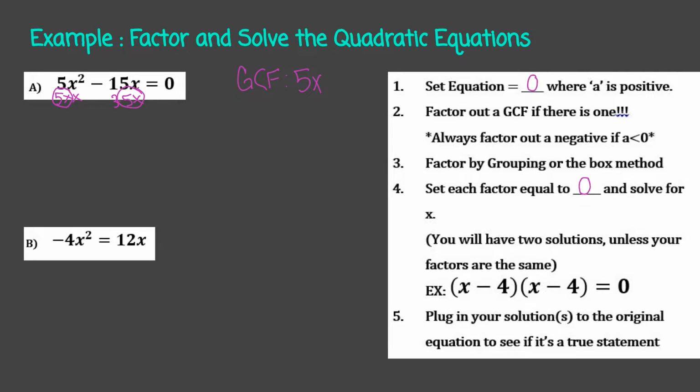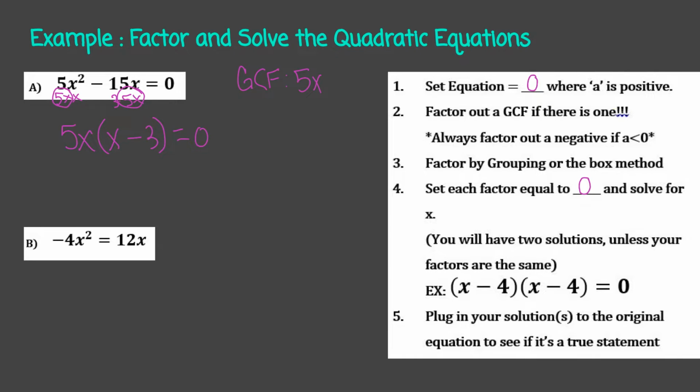We're going to divide that out, put it on the outside, then draw your parentheses for the leftovers. So I'm left with x minus 3 equals 0. At this point, look at what you have in parentheses. If you have a quadratic, meaning you have an x squared, then you'd want to keep factoring, but I don't, so this will be my factors.